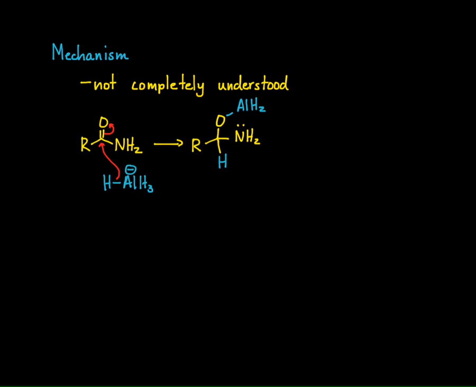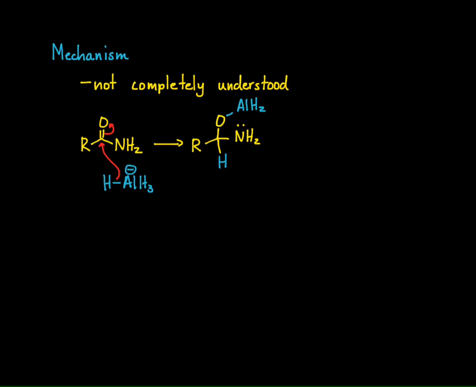It's believed that an aluminum H2, so we've lost another hydride, actually forms a relatively strong bond with the oxygen. So oxygen donates a pair of electrons to the aluminum, and you get this neutral species. Notice there's no charge involved here.